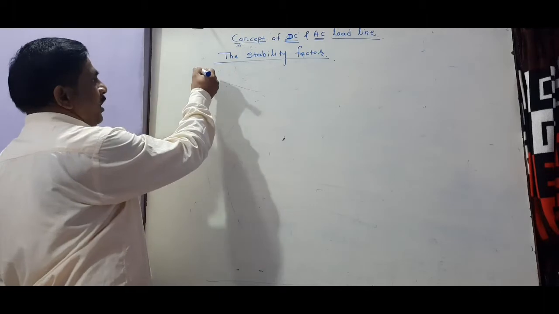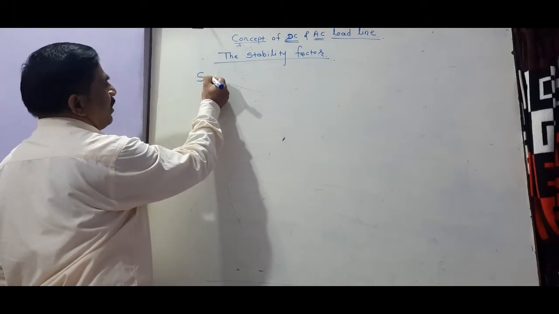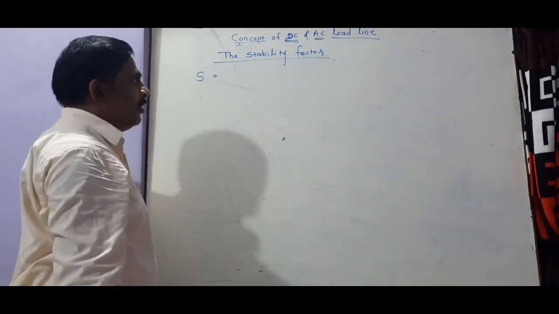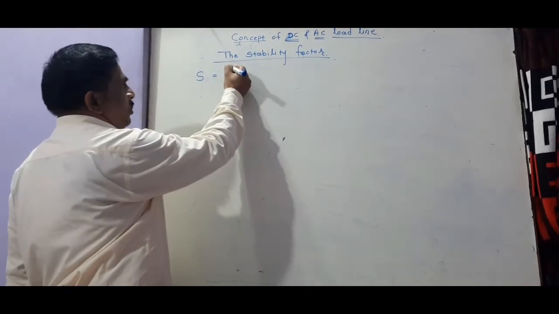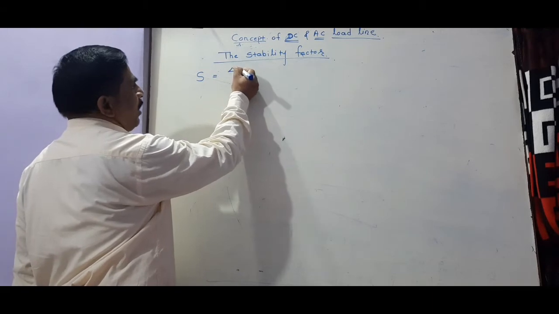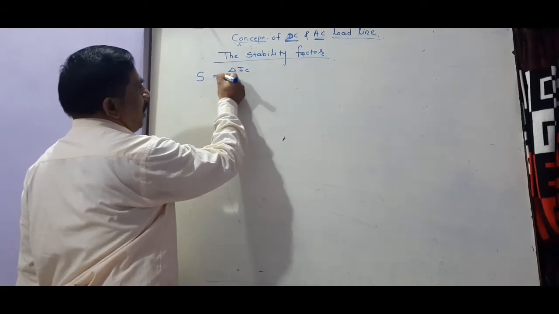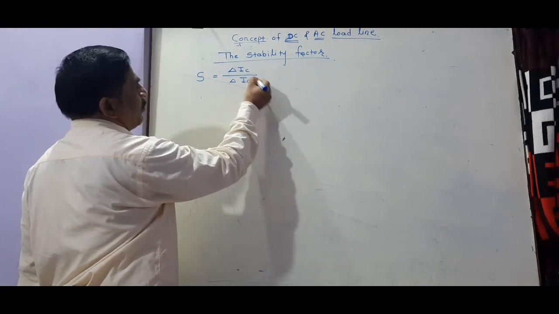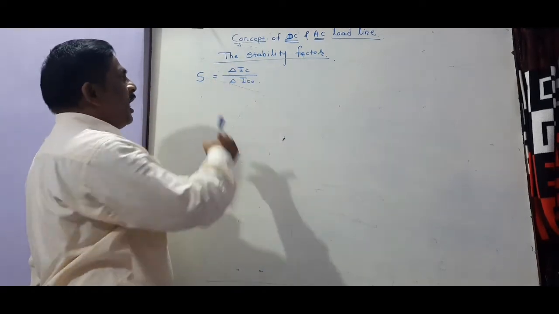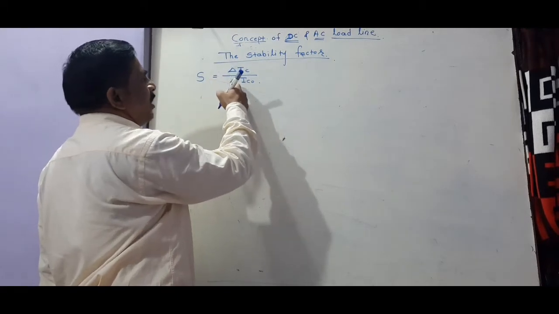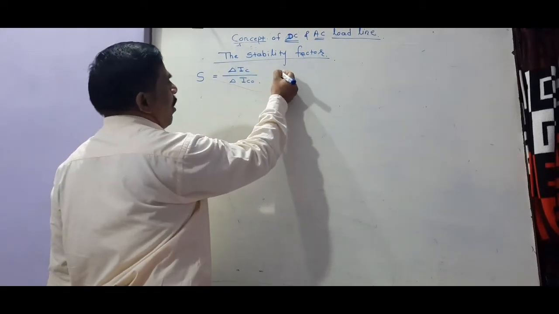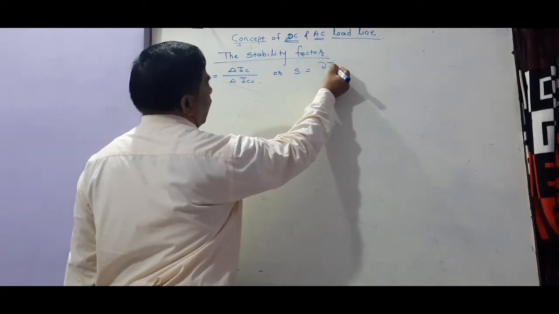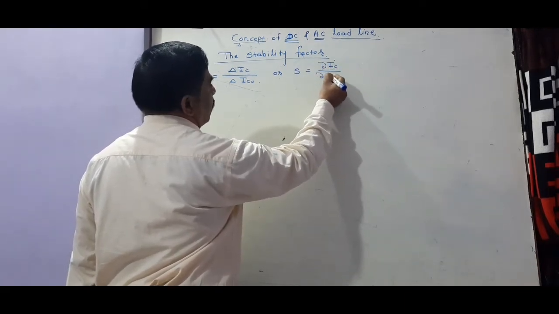The first factor is called S or S1, and it is defined as the ratio of change in output collector current to change in saturation current, and it is written as S is equal to delta IC upon delta IC0.